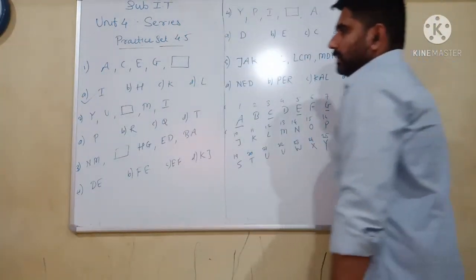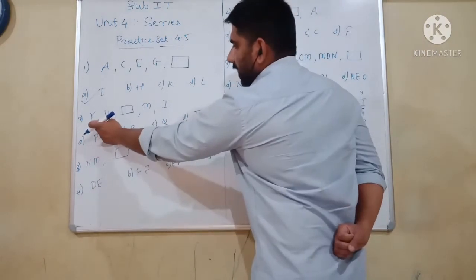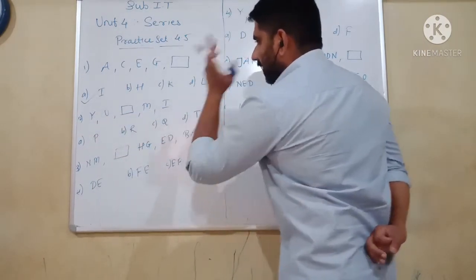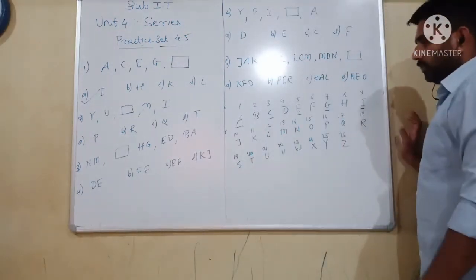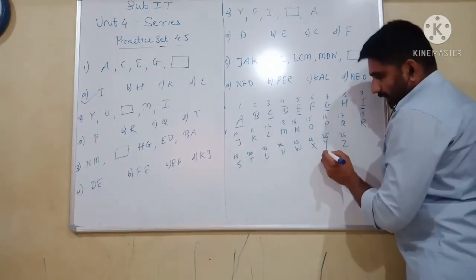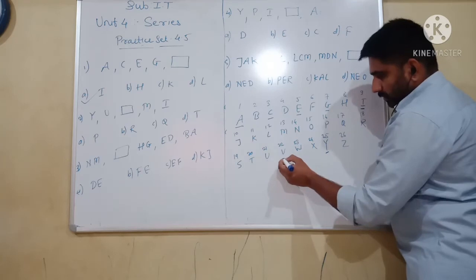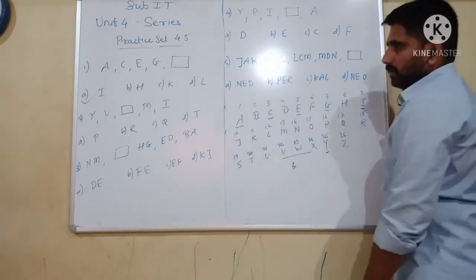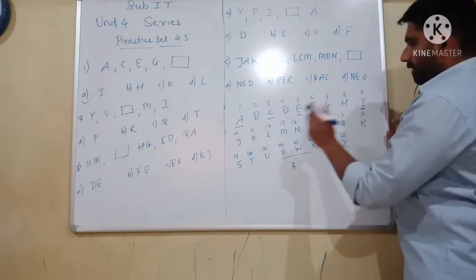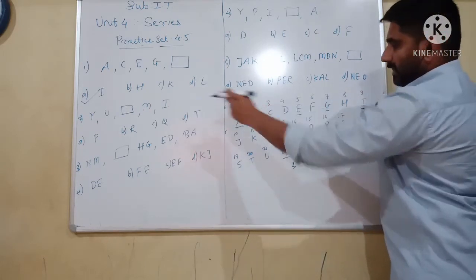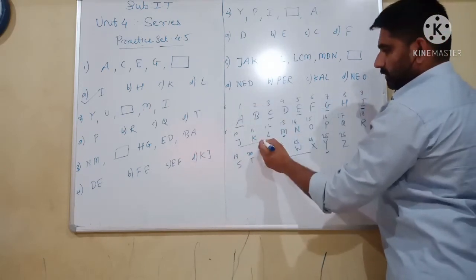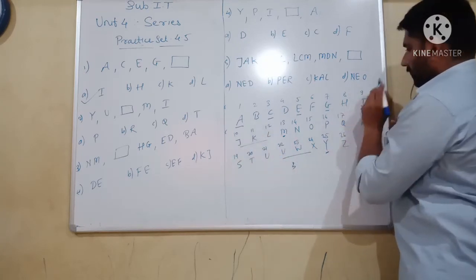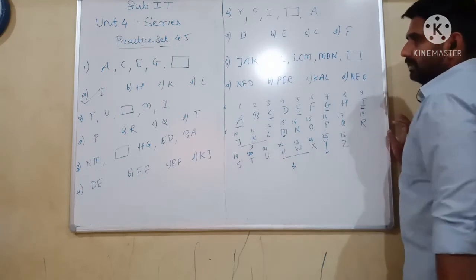Very simple. The second question is Y, U, missing term, M and I. Let's come here. From Y, U is at a distance of 3. Next, from M, I is at a distance of K, L, K, J, which is a distance of 3.